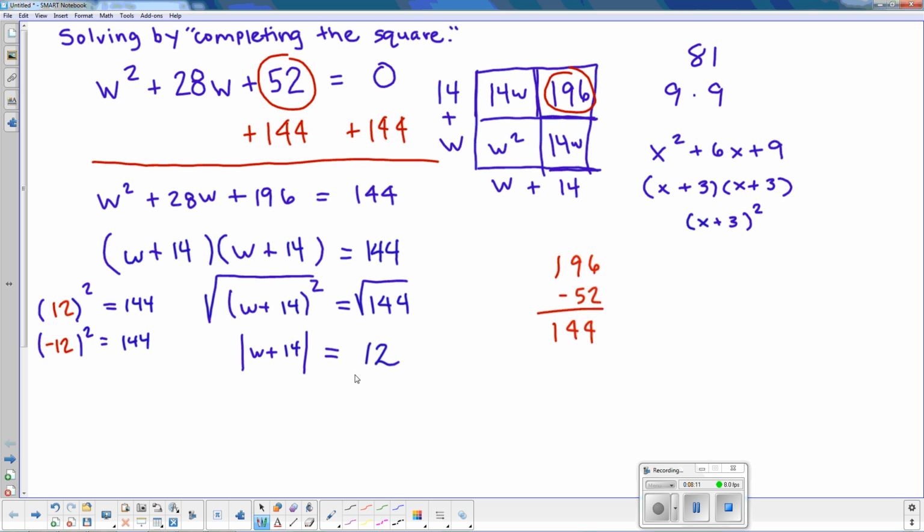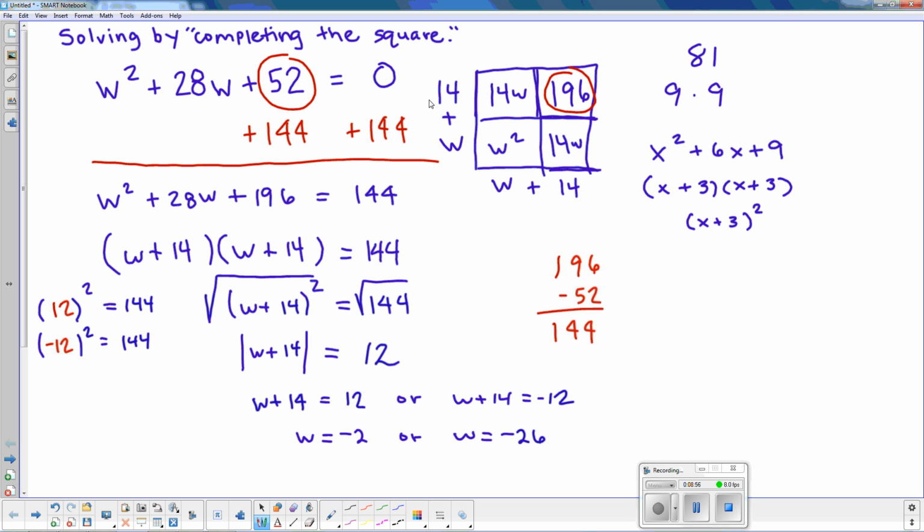So what this really breaks down to, and some Algebra 1 teachers skip over this, which drives us crazy in Algebra 2 because then none of the kids understand it, is that w plus 14, this value inside here, could equal 12, or w plus 14 could also equal negative 12, because either of those values could be in here to make that a true statement. And then that's where they solved it the rest of the way and got w equals negative 2, or w equals, what is that, negative 26.